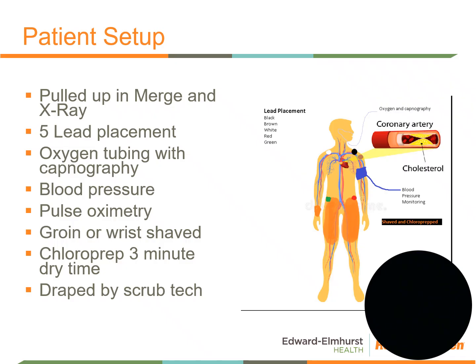So especially the groin, we do about belly button to knees, and medially enough that we can get access. You're going to want to go more medially than you think on patients who are a little bit larger, because just because their adipose tissue is further out laterally does not mean that their arteries are further out as well. So make sure that we are prepping very medially as well.